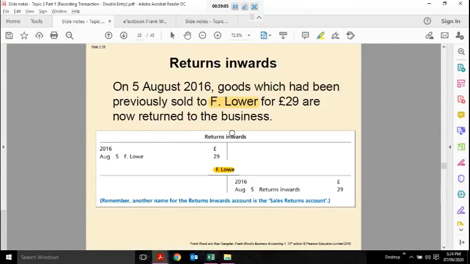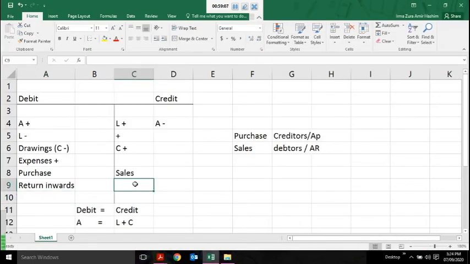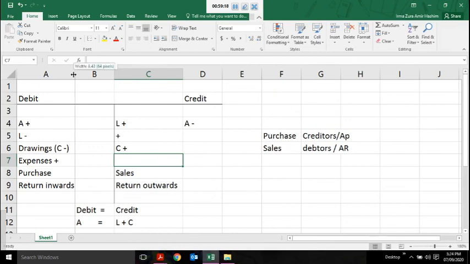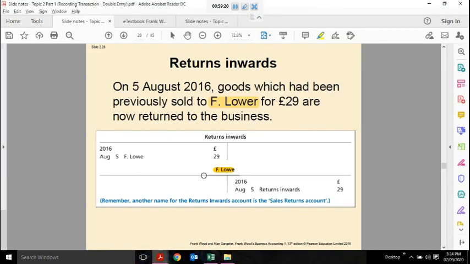The other one, return outwards, should be recorded as a credit. So for return inwards, debit, year, month, date. Here is the party name.